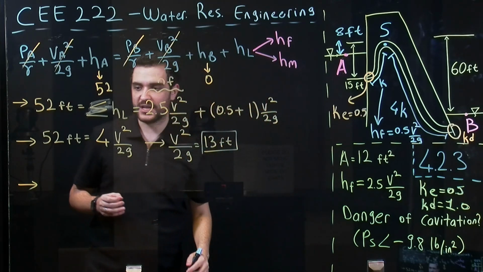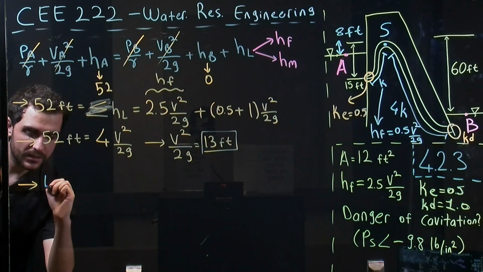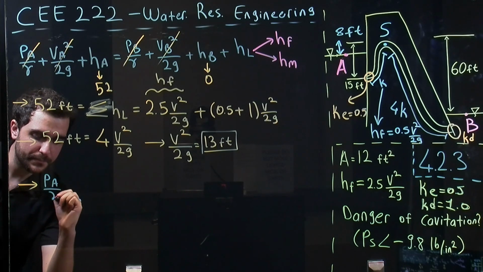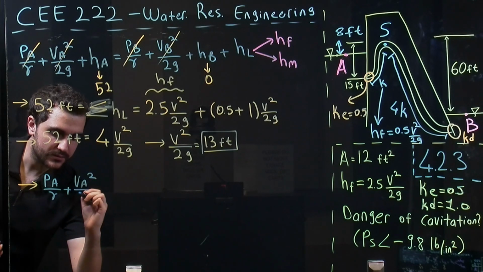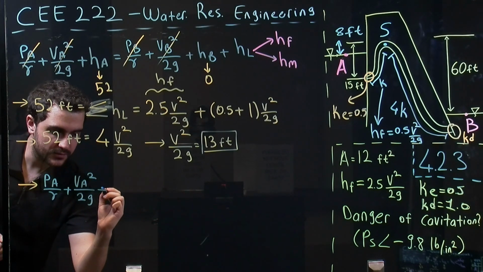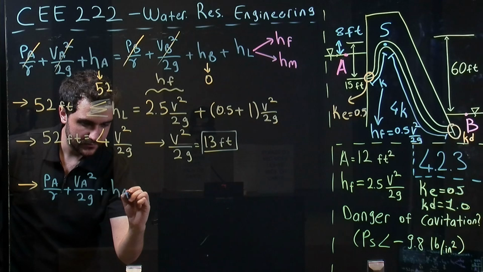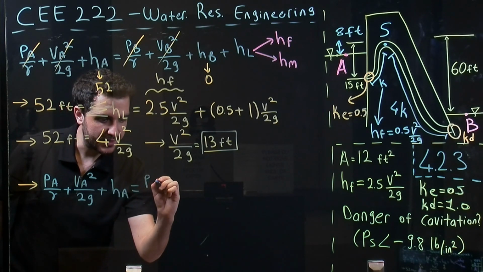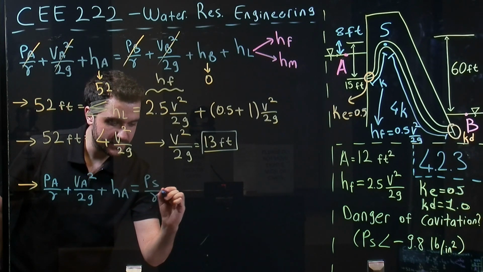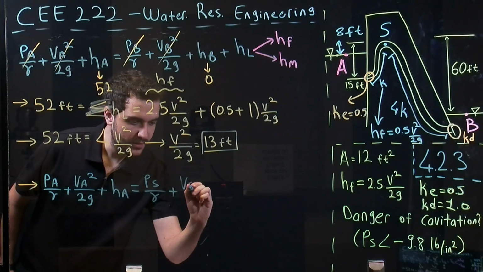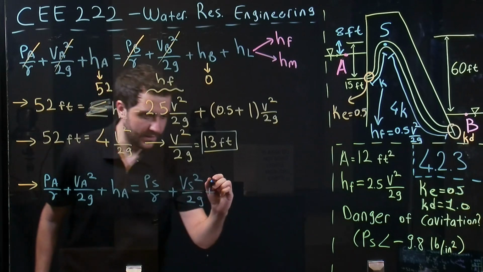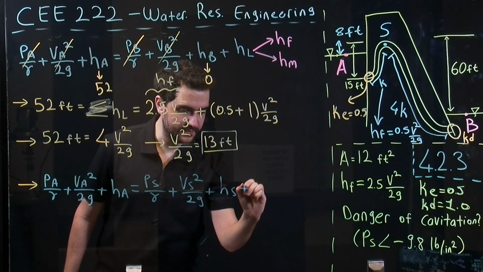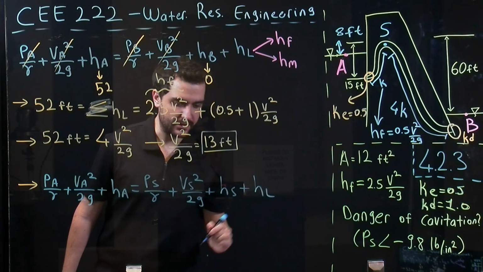So let me write the energy equation again. It is from A to S. And this time it will be PS, Vs square over 2g, Hs plus total head loss.